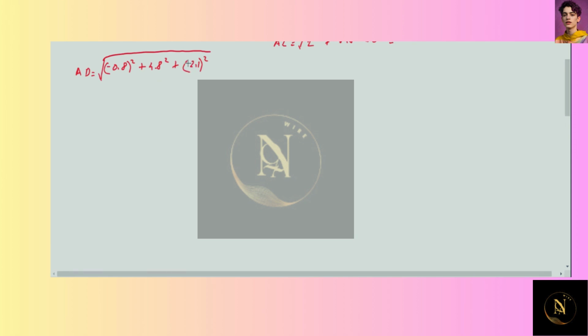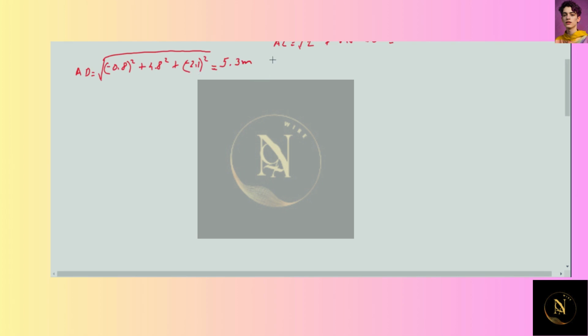You shouldn't put the sign outside because here there is a square. Even though there is a negative sign, it gets cancelled after squaring, but if you put the sign outside, the values will get completely changed. So you should remember that this will be 5.3 meter. Now we got the values.